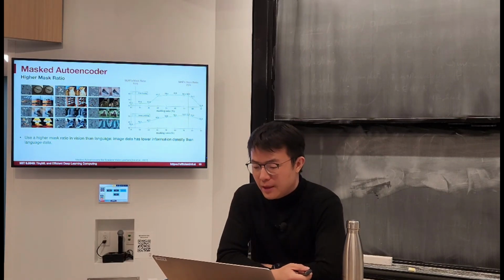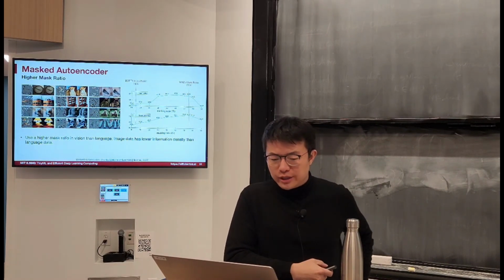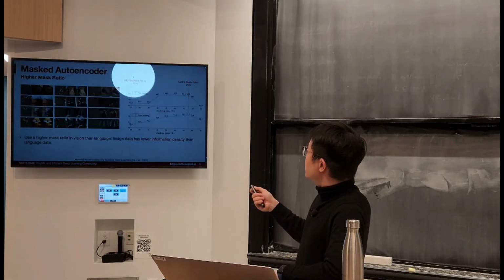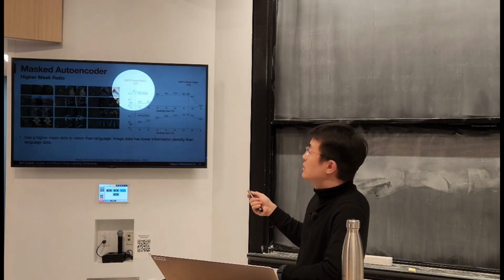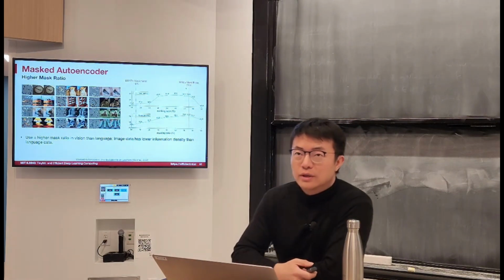You can still recover the elevator quite well. So it has a pretty high mask ratio. BERT's mask ratio is only about 15%, but MAE can actually achieve 75%. What does that imply?